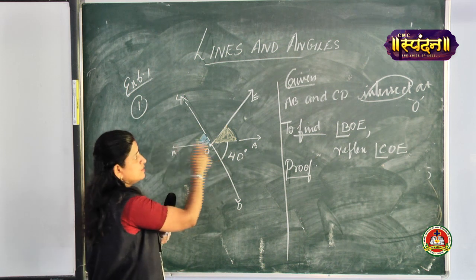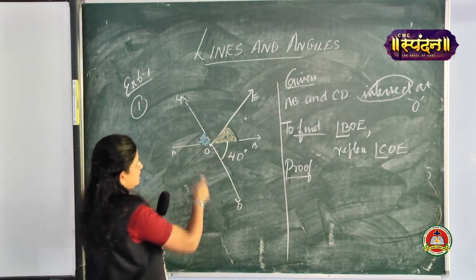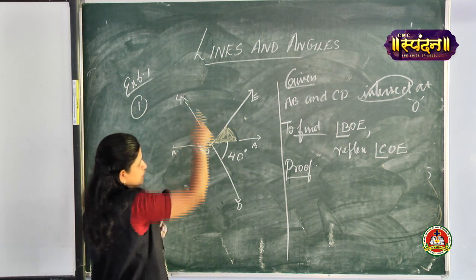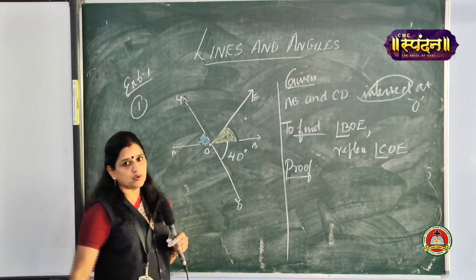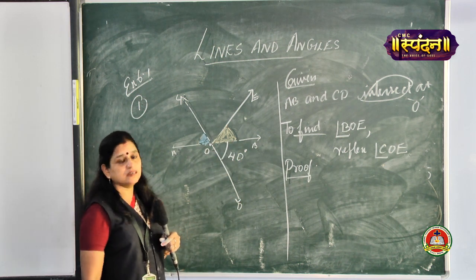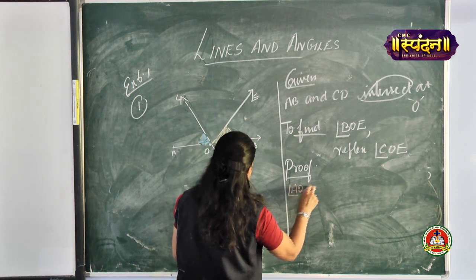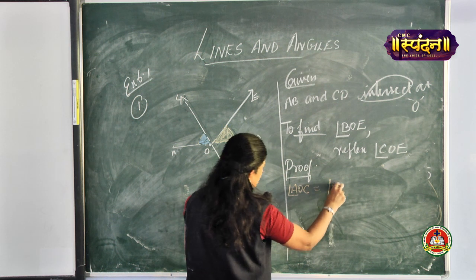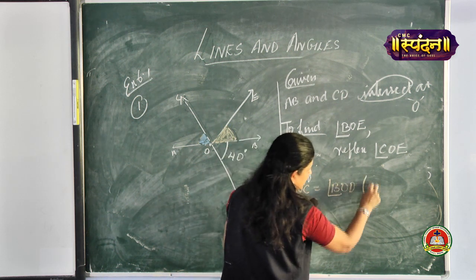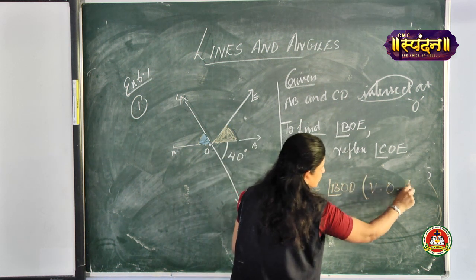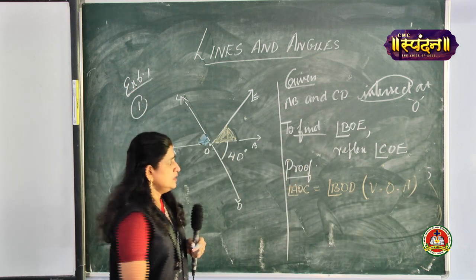Can you see the vertically opposite angles over here? Yes, I have the angle AOC, I have the angle BOD. These two angles are equal. So I can write angle AOC is equal to angle BOD. In bracket you write vertically opposite angles.